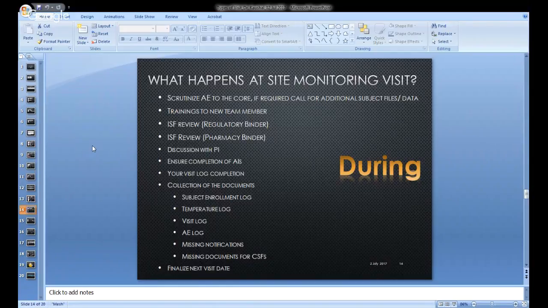Subject enrollment log, temperature logs, visit log, adverse event log, missing notification, missing documents for CSF. So ensure that all these logs are completed, reviewed, analyzed, and the copies of the same are carried by you for the filing at the CRO or the sponsor's end.